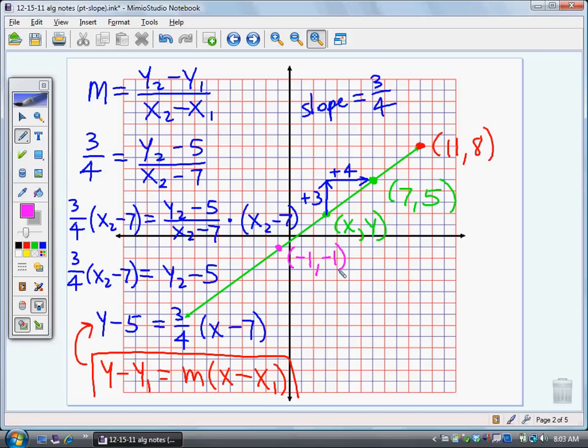What I'll do now is, on the next page or two, we'll go through and I'll put in each of the points, (-1, -1), (7, 5), and (11, 8), and we'll put them into point-slope form and then translate the equation into slope-intercept and show you that it doesn't matter which point you use on a line, all of the slope-intercepts will be the same.